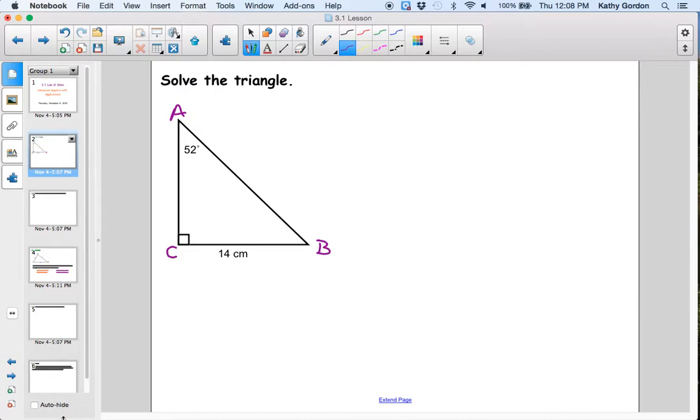And then our sides are going to be labeled with lowercase letters. But we also have to keep in mind that the side with the corresponding letter has to be across from the angle with the same letter. So in other words, if angle A is up here, side A has to be the side across from it.